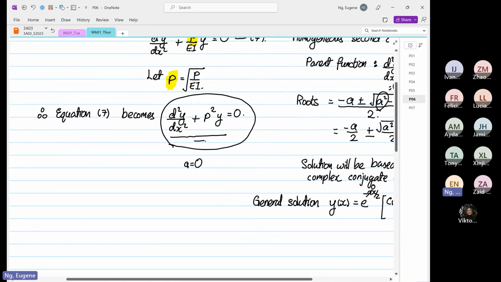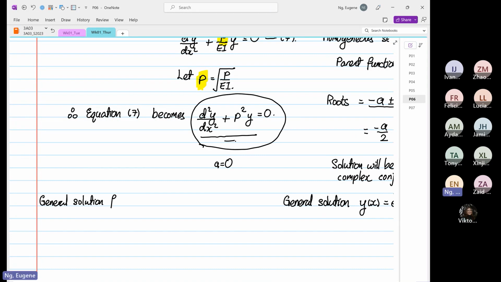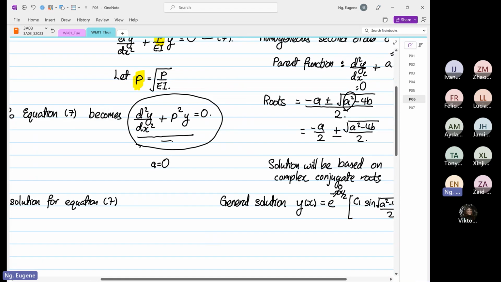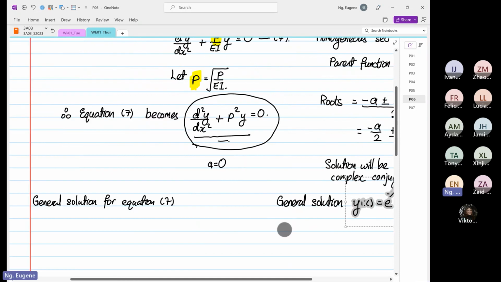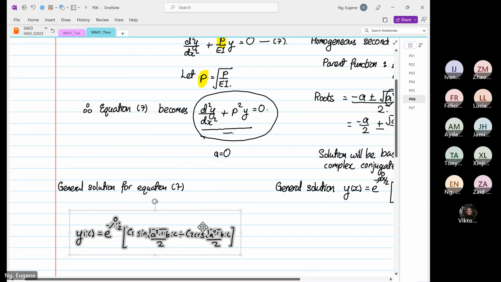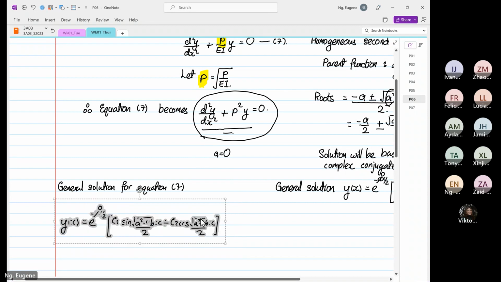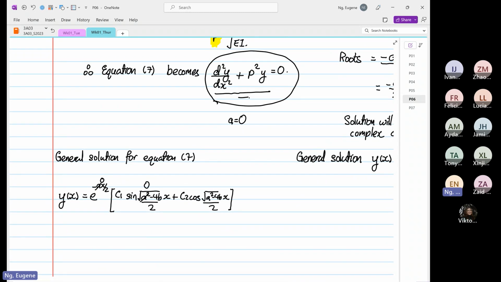So if we know that A is equal to 0, let me put this form into our equation. So the general solution for equation 7. We know that A is equal to 0, so these are also equal to 0.